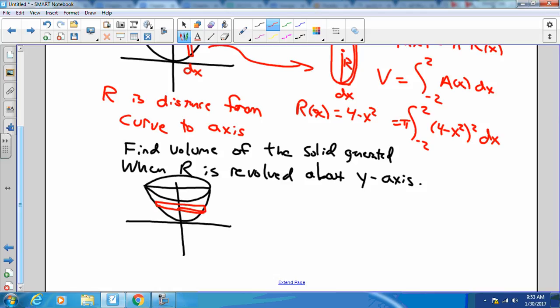So again, we're going to divide up our solid into circular discs by cutting perpendicular to the axis of revolution. When we do, we get circular discs whose height is dy, and whose radius now is going to be curve minus axis.